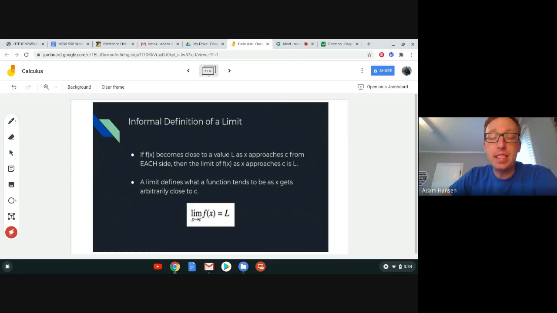What is the tendency of our function, of our graph, as x gets arbitrarily, infinitely closer to c from both the left and the right?